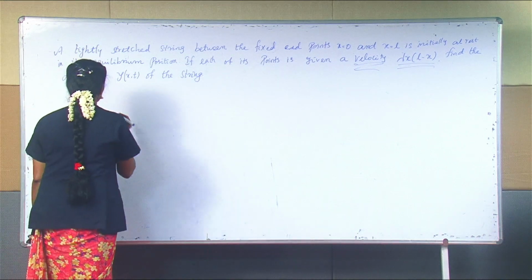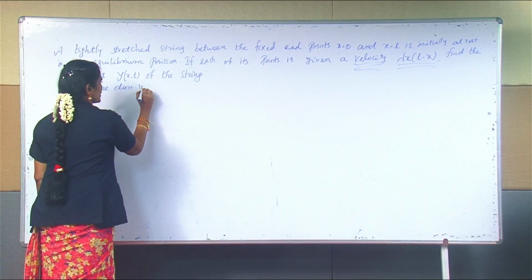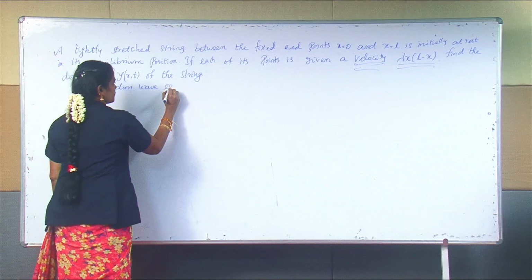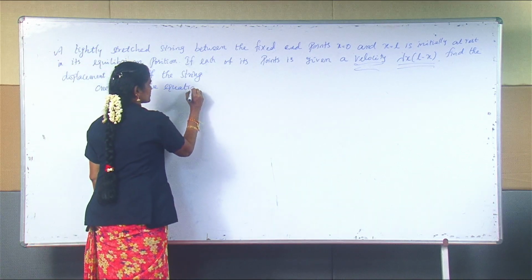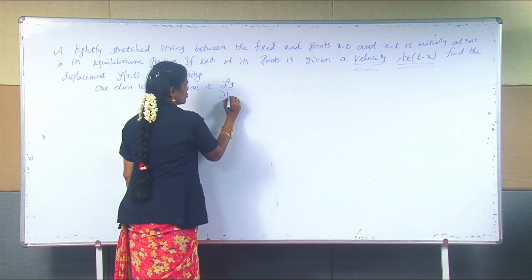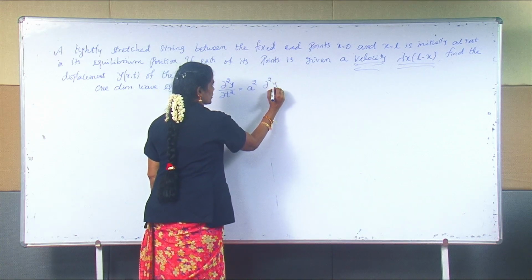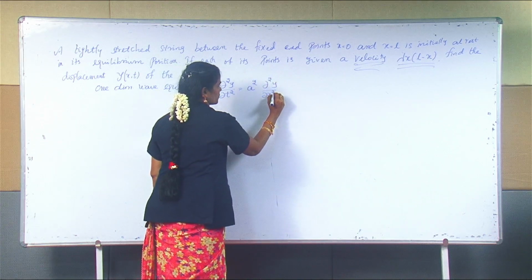So, first as usual you have to consider the one dimensional wave equation. The one dimensional wave equation is dou square y by dou t square equal to a square into dou square y by dou x square.